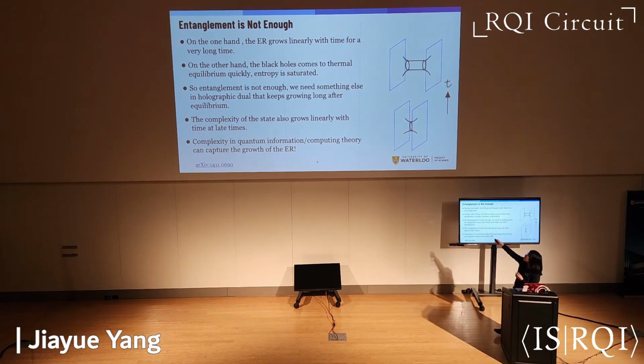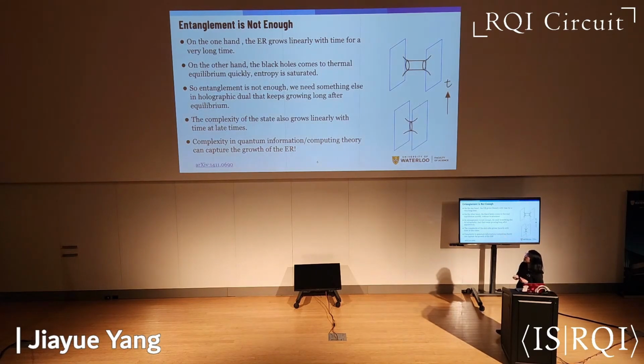And as time goes by, the volume of the wormhole, or the volume of the black hole interior, grows. And it will grow linearly with time, and the growth rate is exactly proportional to the area of the event horizon.